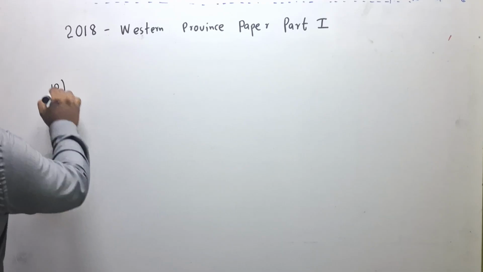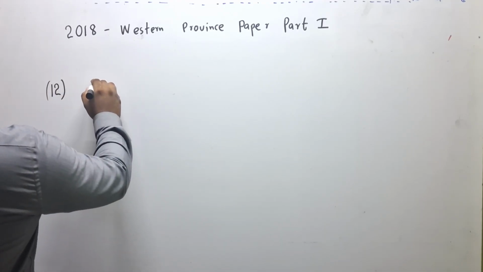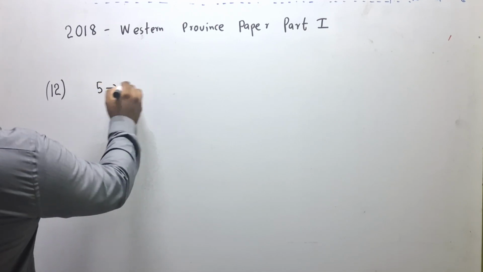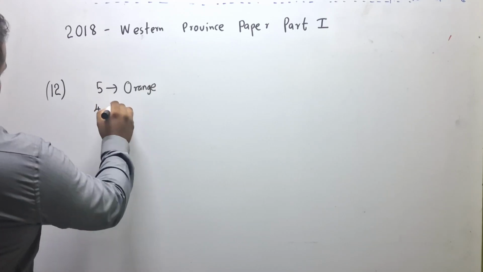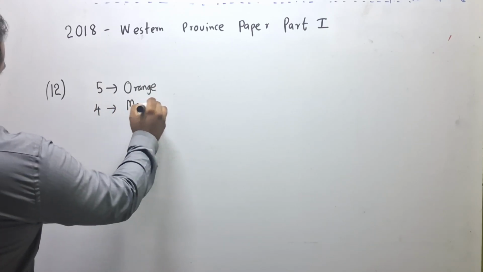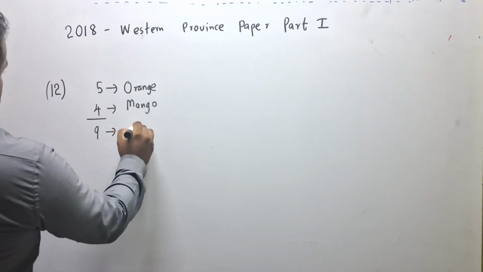Question number 12. How many mango toffees? 5 orange, 4 mango, 5 plus 4, 9, all.